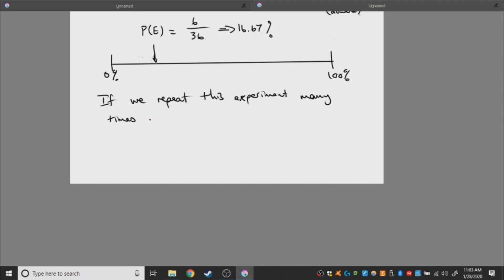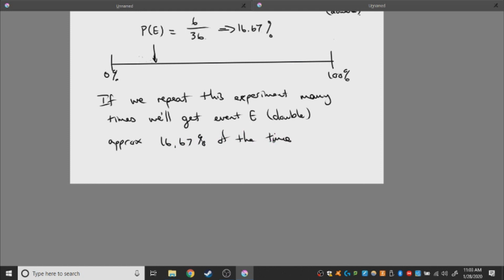If I repeat this experiment many times, we will get event E, which is getting a double, approximately 16.67% of the time.